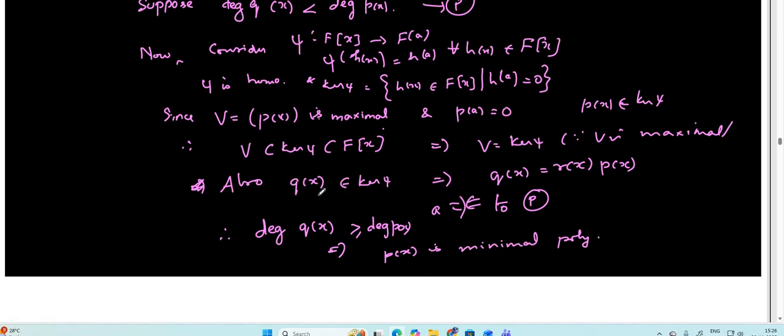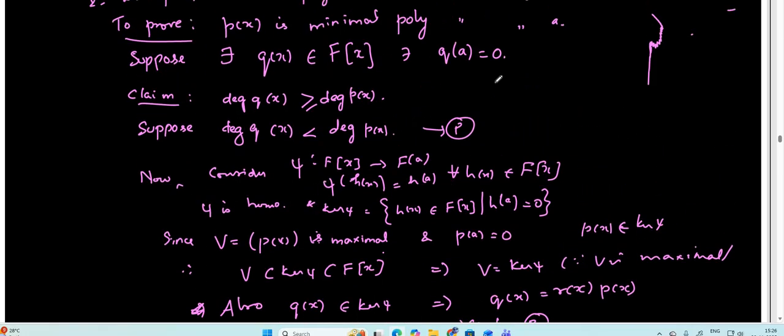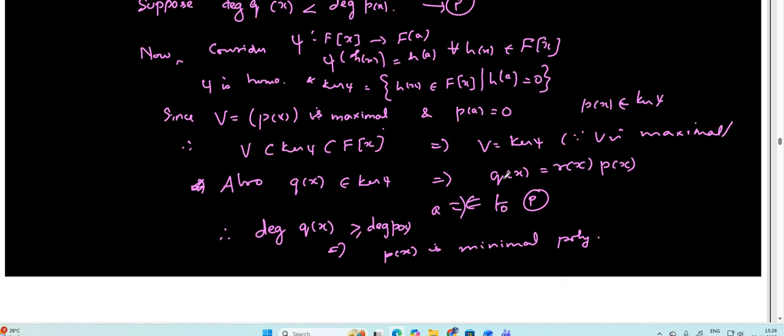And q(x), because you have q(a) to be 0, should belong to kernel psi. Kernel psi is all those polynomials which vanish at a. q(x) vanishes at a, so q(x) should be there in kernel psi, which means q(x) should be in B. B is generated by p(x), so q(x) can be written as some r(x) times p(x).